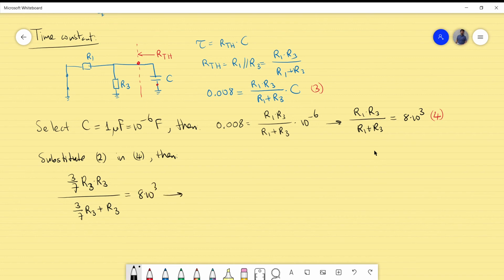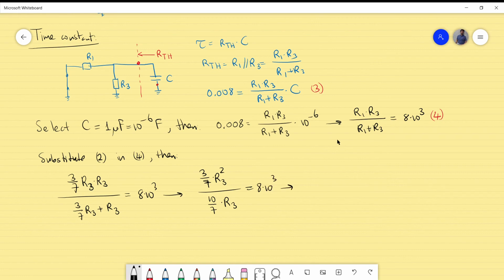If I rearrange this, I will get 3 over 7 times R3 squared divided by 10 over 7 times R3 is equal to 8,000.